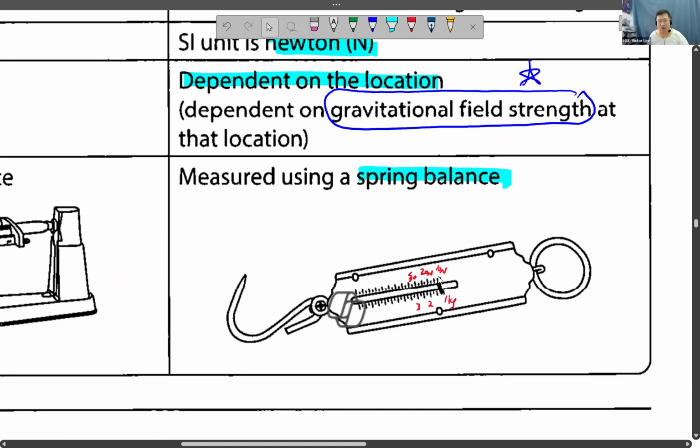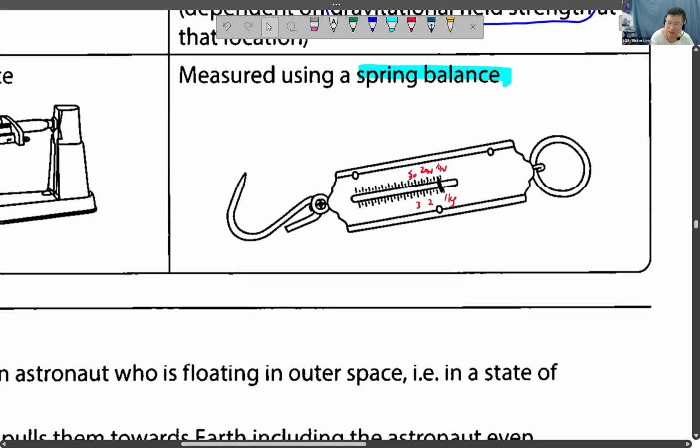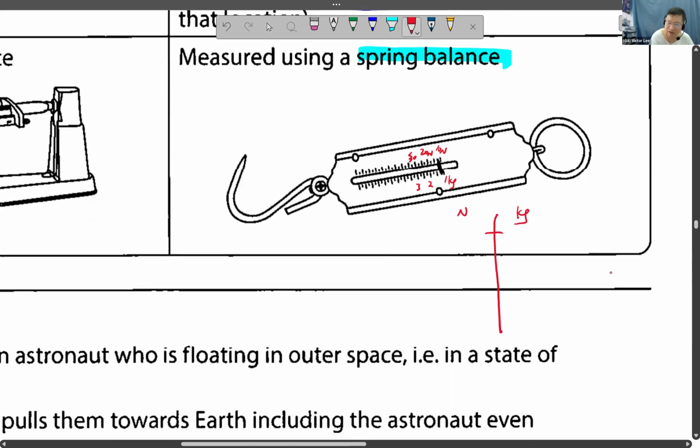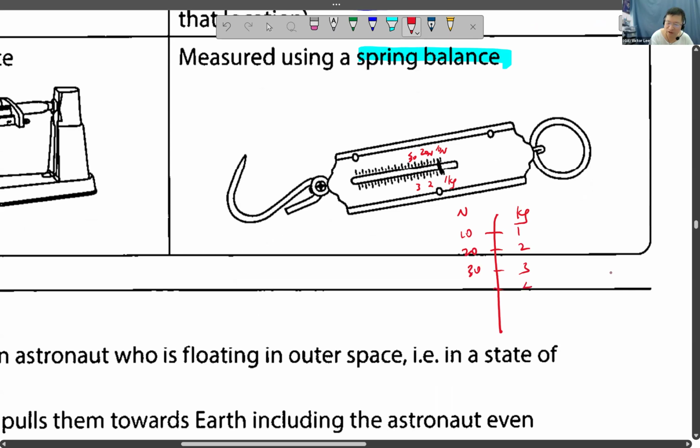One side is kg, one side is Newton. So 1 kg shows 10 Newton, 2 kg shows 20 Newton, 3 kg will be 30 Newton, and 4 kg with 40 Newton and so on. Instead of reading kg, you read the Newton, and that's how they measure the weight. Is it okay? Good.